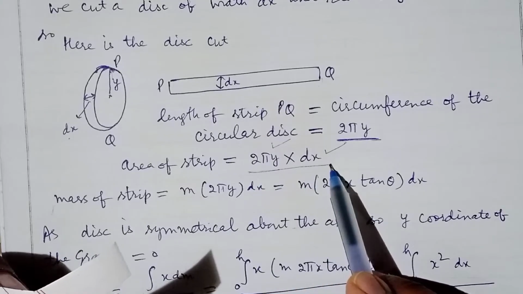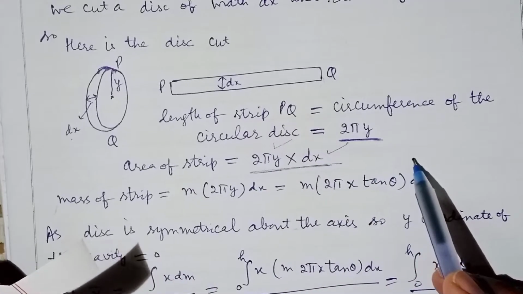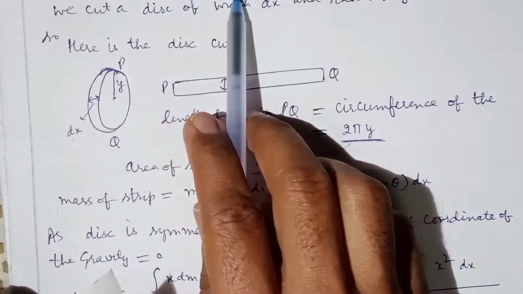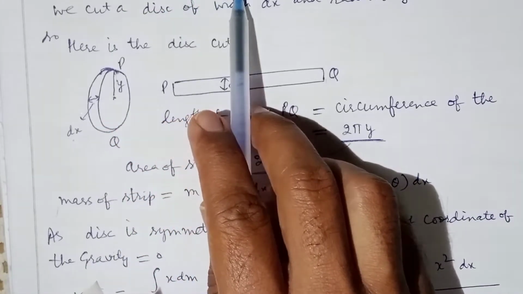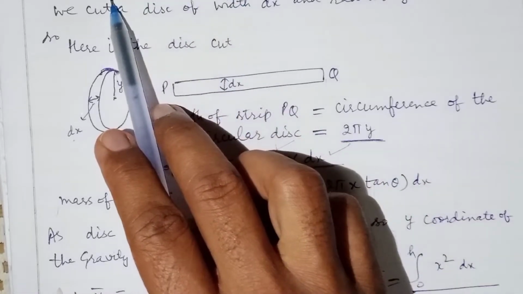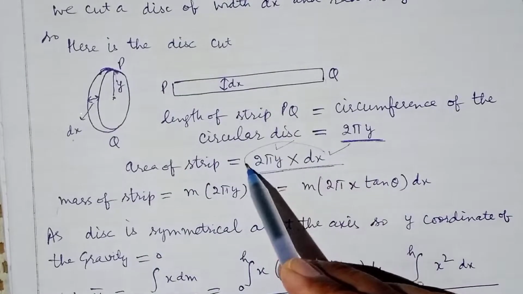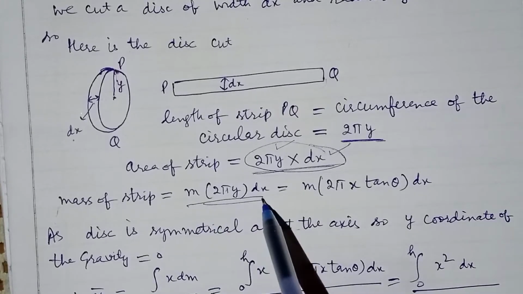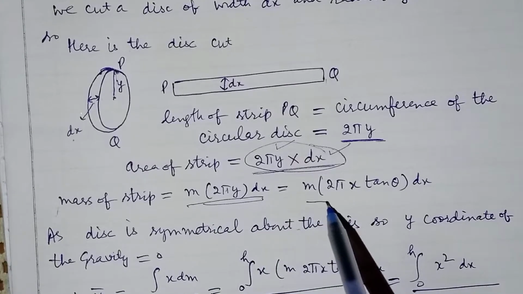This will act as area of the strip. You got it? Now m is mass per unit area. That is 1 unit of area has mass m, and this total area will have mass as m multiplied by the total area.